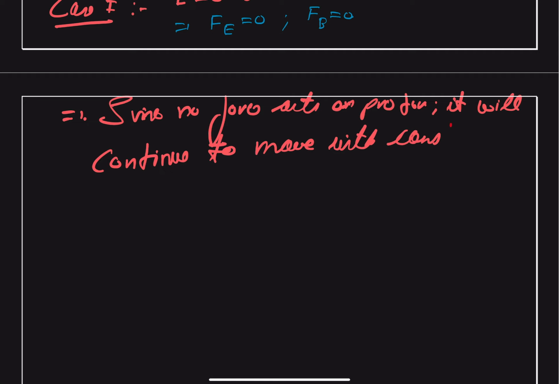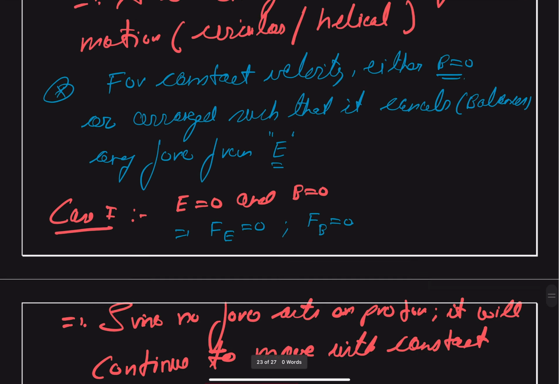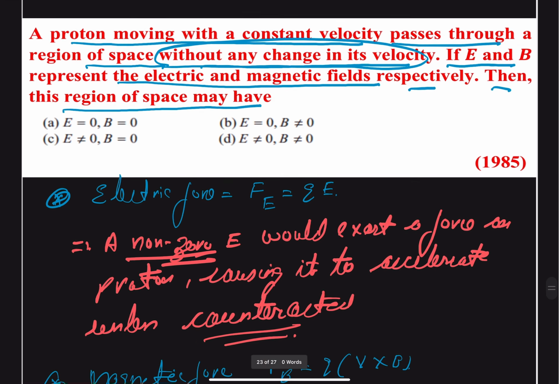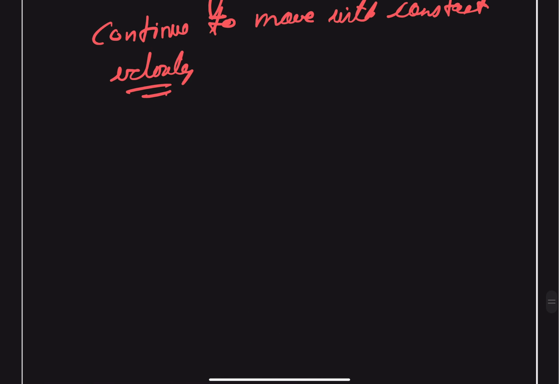The option which says both E and B are 0, so option A is correct.